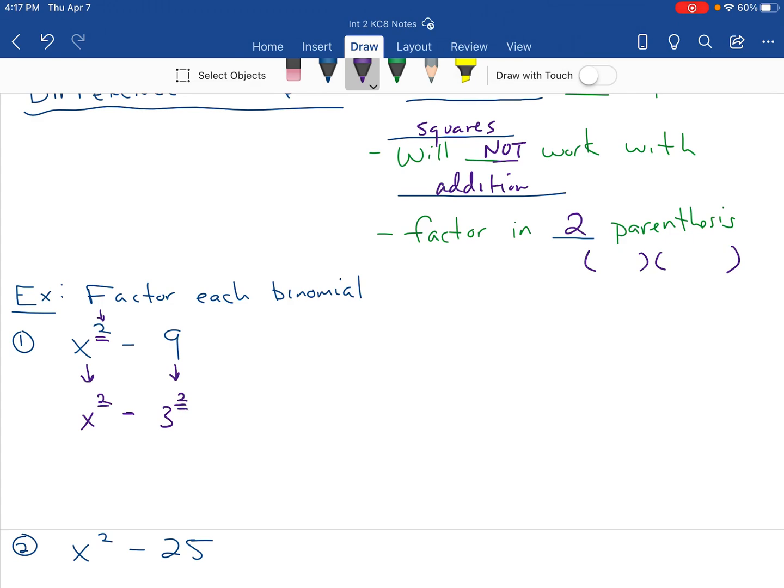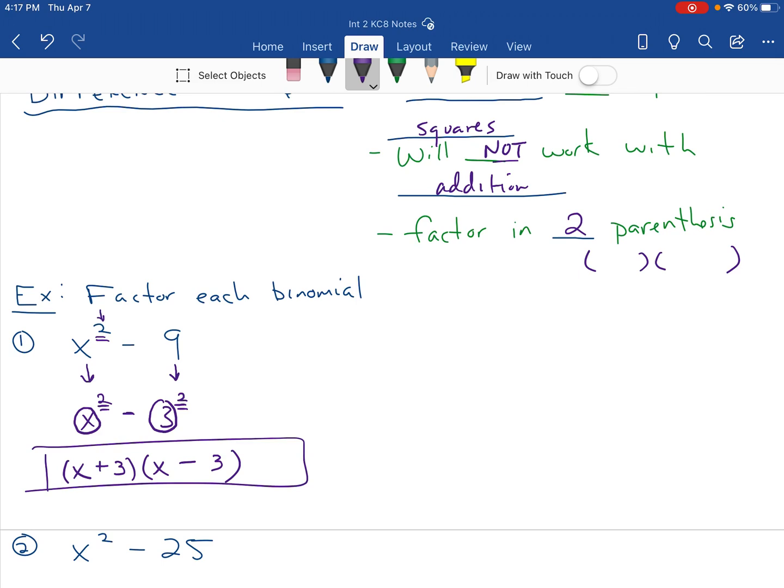Now, since both of these are squared, all I have to do is rewrite these two terms in my final answer. It's going to be split up into two parentheses, and because it's squared, there's two x's, one in each, and two 3's, one in each. Now the signs in between those, one of them is going to be positive, one of them is going to be negative, and I'm done. This is factored form for difference of squares.